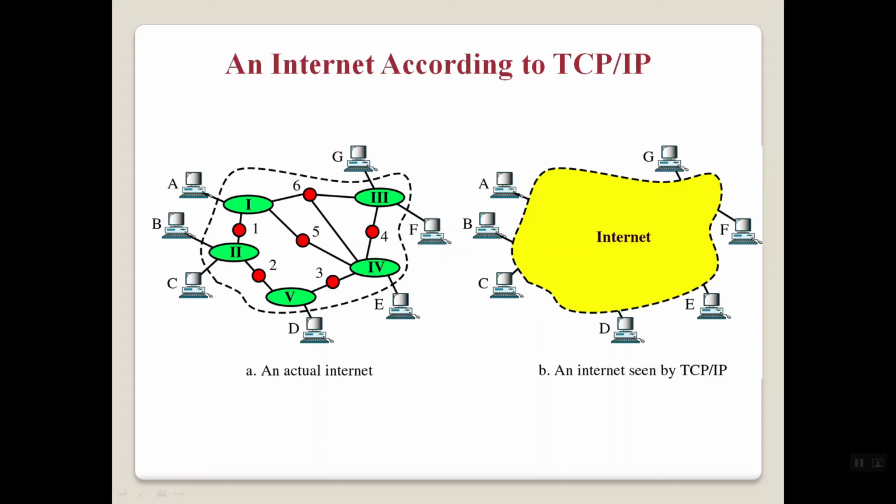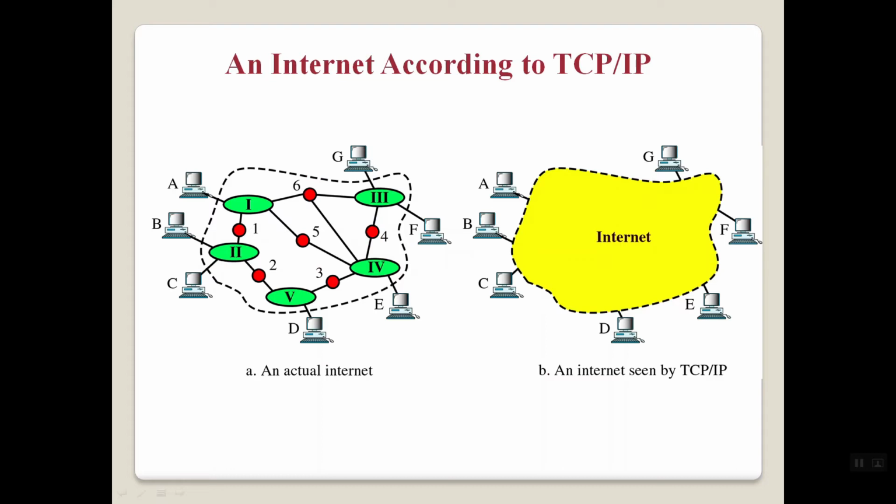Every machine like A, B, C, D, E, F, G are the nodes or end machines connected to the internet via small subnets or zones or routers, whatever you name it, numbered 1, 2, 3, 4, 5. These routers are internally connected between the small red blocks numbered 1 to 6. So this is the major framework of internet systems throughout the globe.